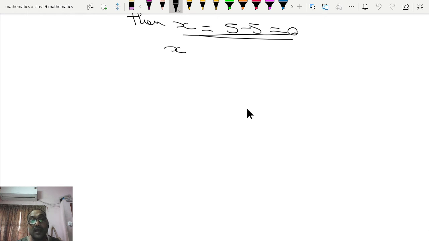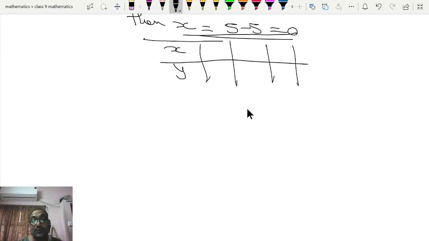So you may draw a table: x, y, and at least 3 values. If I ask you to find the values of x and y, you are required to find at least 3 values and represent them as ordered pairs.